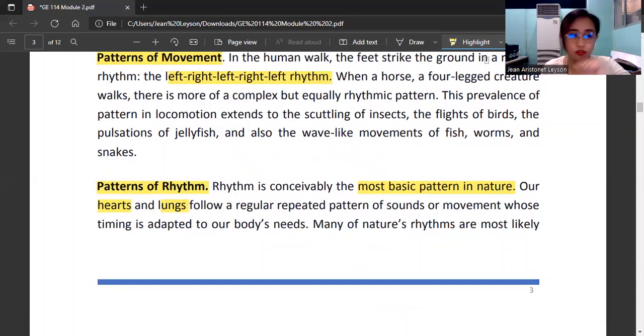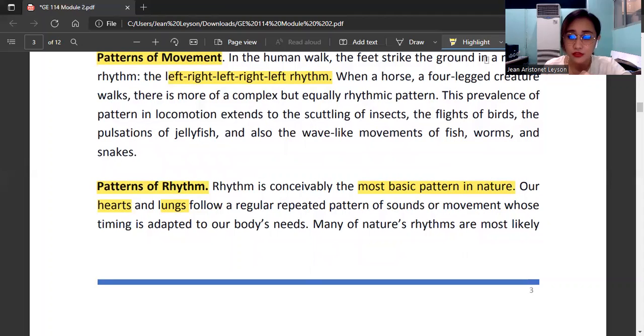There is a certain pattern designed to work for our human body. Also, our lungs, whenever we inhale oxygen and exhale carbon dioxide, there is also a pattern in its movement, and we call that patterns of rhythm.